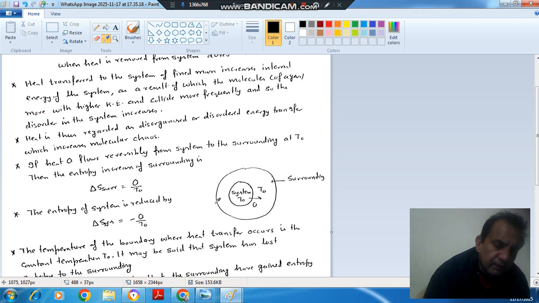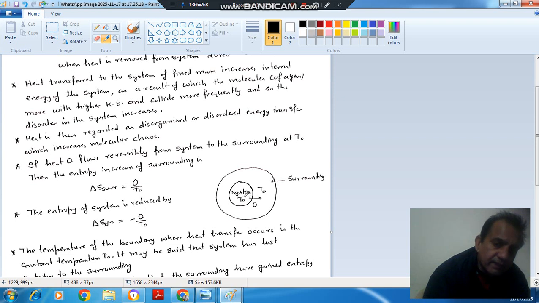This is a reversible process. This is Q by T0, and this is also Q by T0 in magnitude. So if we add them, the entropy of the universe will be zero. So this is a reversible process.